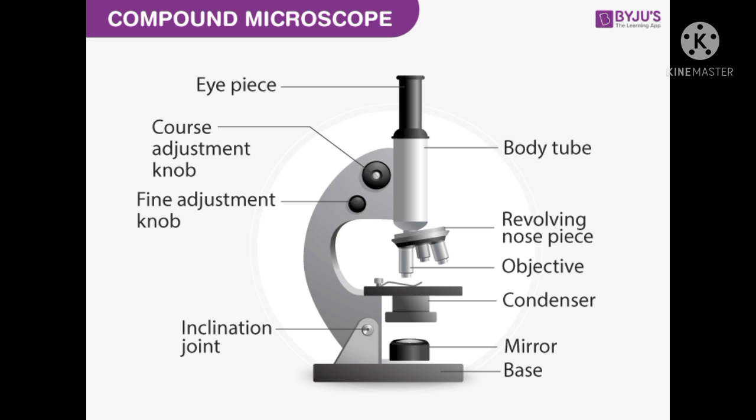Magnification power of a microscope can be increased by decreasing the focal length of the lens used. Due to constructional limitations, the focal length of the lens cannot be decreased beyond a certain limit. To solve this problem, we use two separate biconvex lenses in the compound microscope.